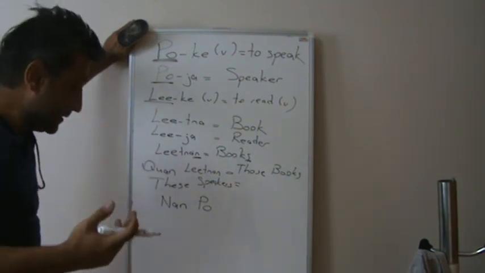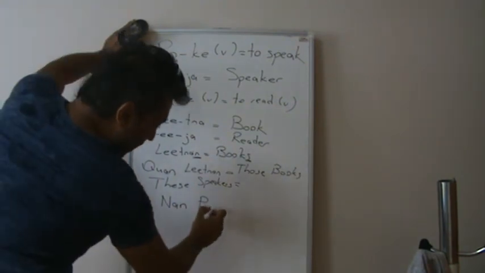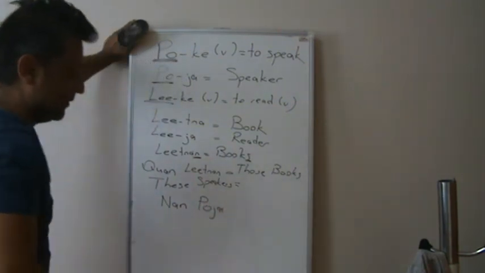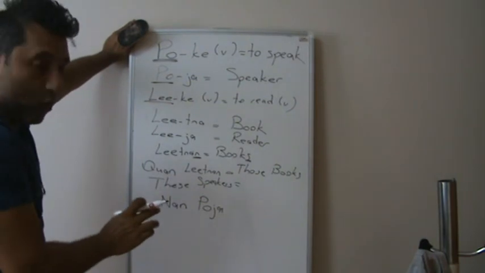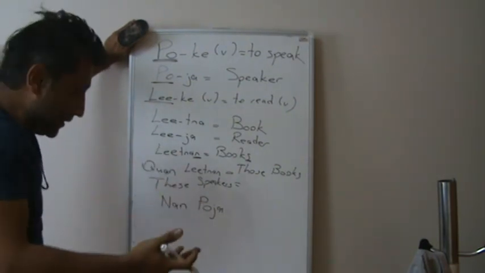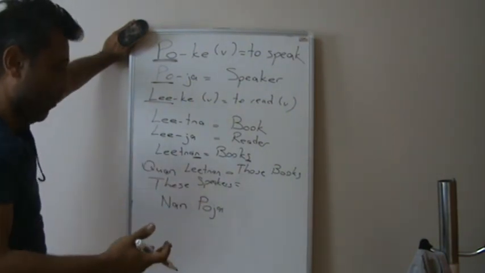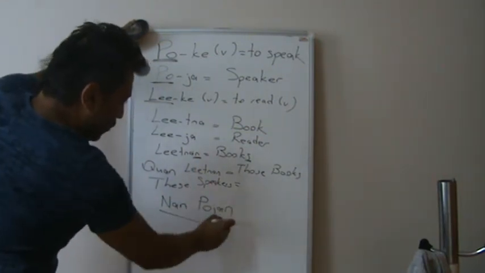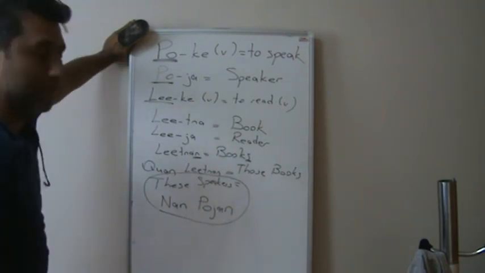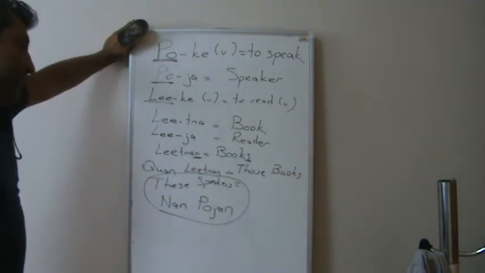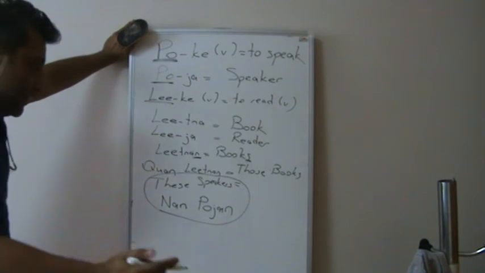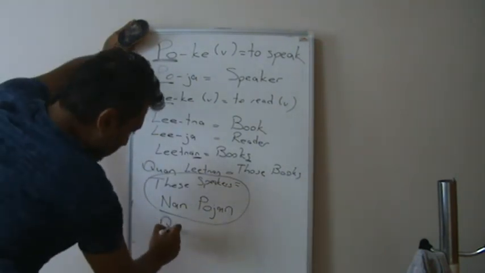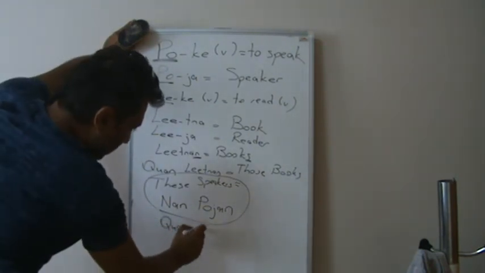By simply adding the suffix ja. So it's poja. We have made speaker, poja. And we need to make it plural. So pojan. You see? Nan pojan means these speakers. If you want to say those speakers, then we need to write huan pojan.